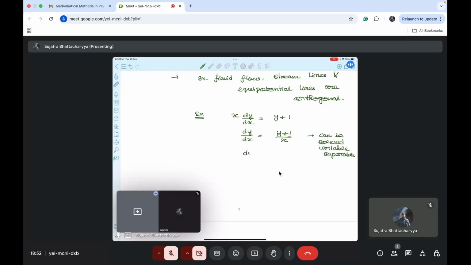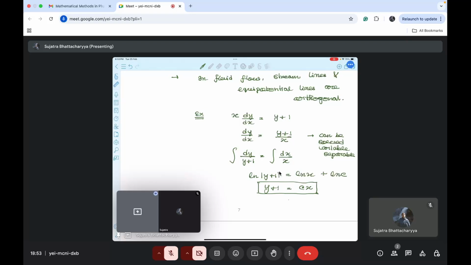So it will be dy upon y plus 1 equals dx by x. Just solve it, you get log of y plus 1 equals log of x plus log of c. So y plus 1 is equal to cx.